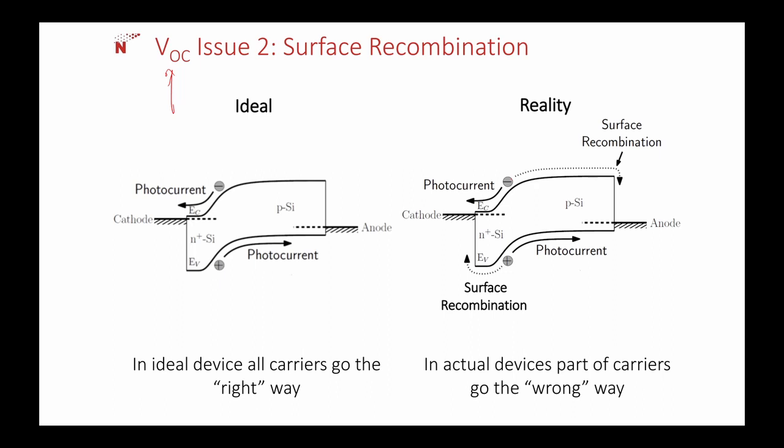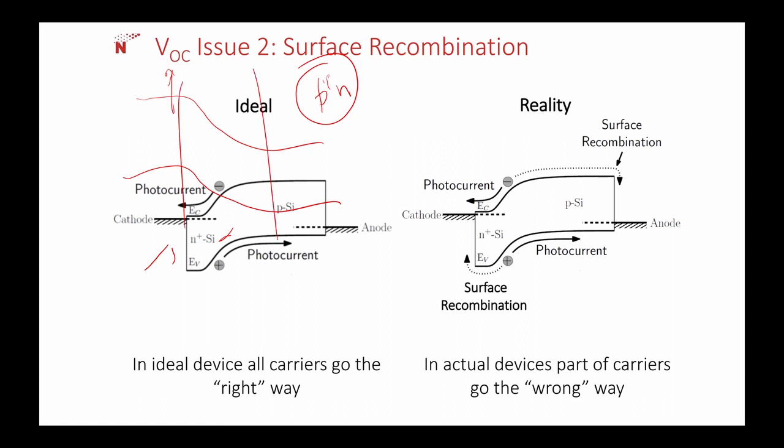In the ideal case, this is an N plus P junction. What I told you about, there was a P plus N junction that was like this. Whatever the junction is, that doesn't matter, there is a PN junction only. If we shine the light at this junction, electron hole pairs are generated in the depletion region.